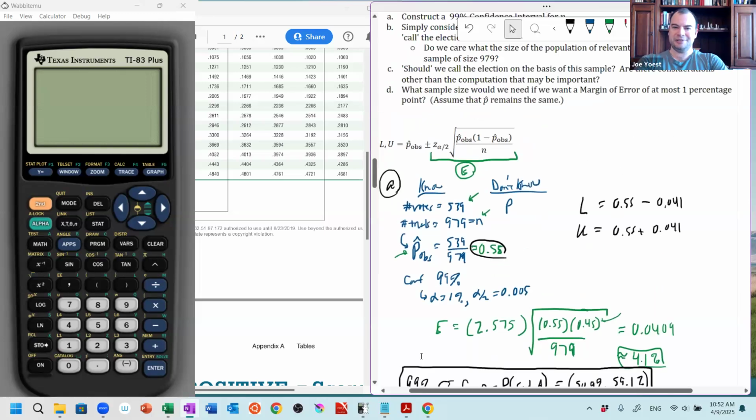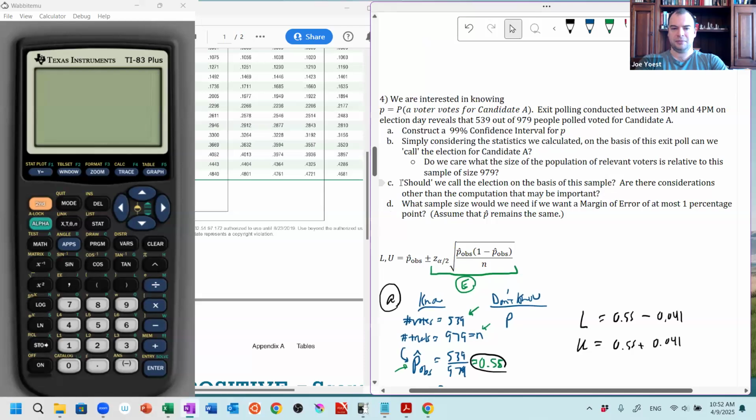That being said, kind of like looking outside of the numbers at, say, common sense, should we call the election on the basis of the sample? Well, probably not. If this is a presidential election, 979 people are not going to be representative of our entire population across the whole US, right?